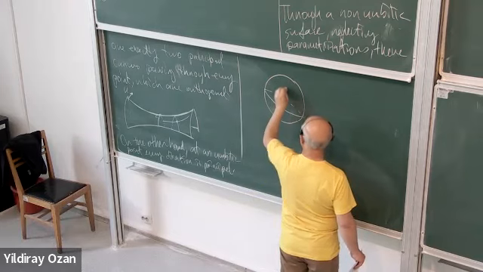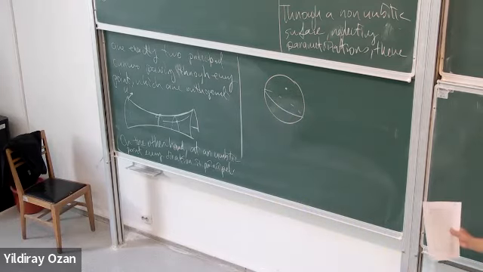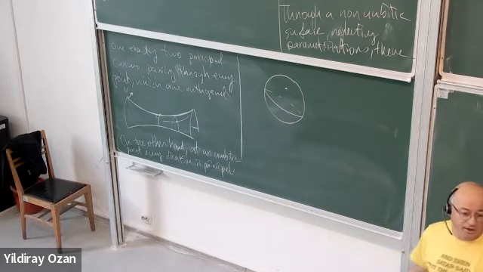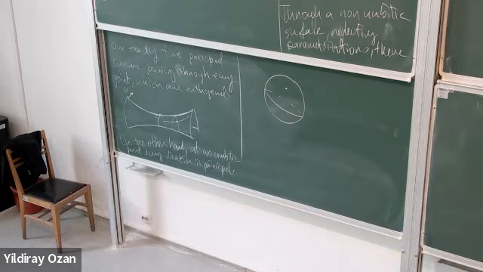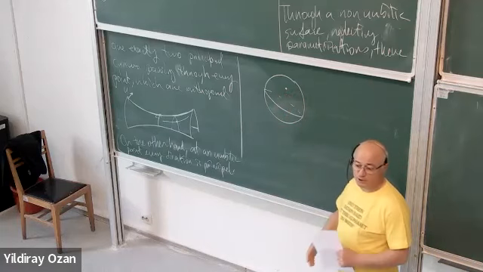If you choose any point here, any direction is principal, okay? So if you choose just any curve, its tangent direction will always be principal, right? Because every direction is principal.